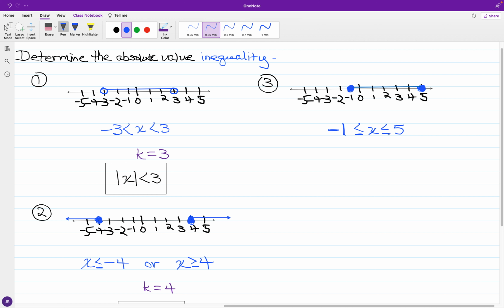And if you notice, I don't have the k value established because I want as much negative on one side as I do positive on the other. So if you notice, -1 is 1 space to the left, 5 is 5 spaces to the right. So what I want to do is shift over and create a bit of a balance.